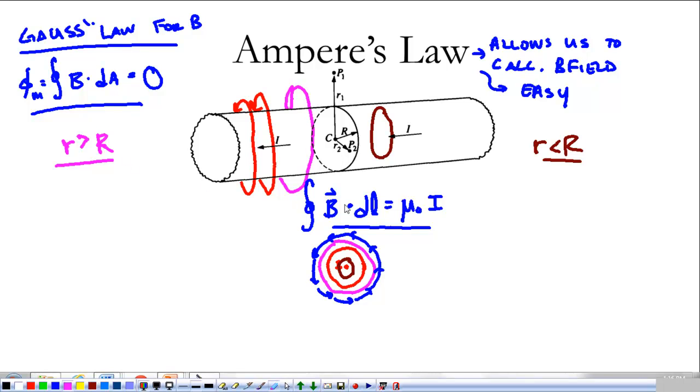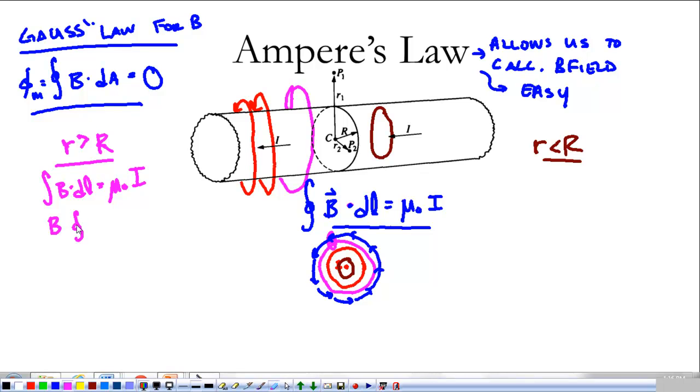For this dot product, we want the magnetic field parallel to my loop. And we see with that swirling around, that's exactly what we get. We also want the magnetic field to be constant with respect to our integration. And it's the same distance away from everything, so it is. So here we have B dot dl equals mu0 times the enclosed current.